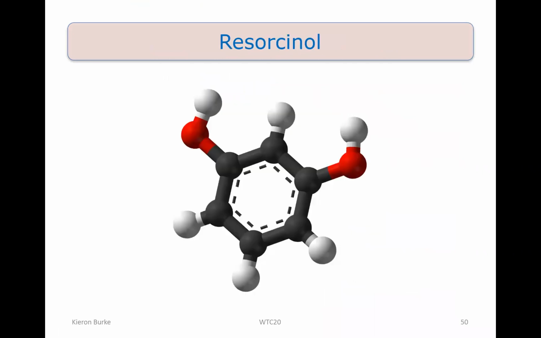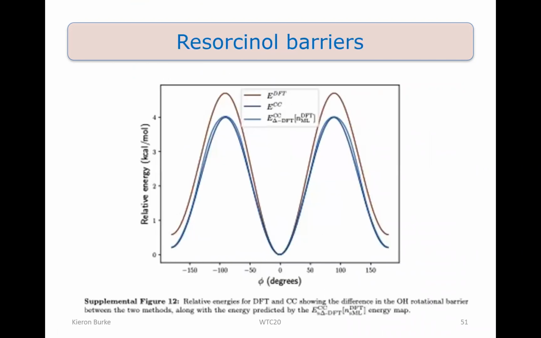So we did this for resorcinol, a more complicated molecule, and we picked this on purpose because if you look at the difference, I think this is the PBE functional, and the quantum chemical rotational barriers, you see DFT makes a substantial error in the barrier to rotation, and we wanted an error so that we could show the difference.